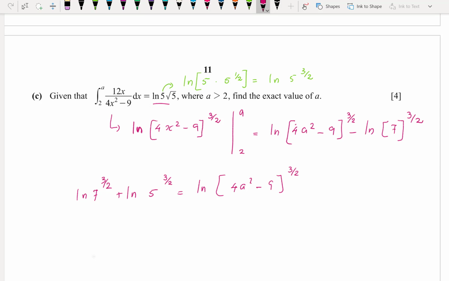So here there are two ln terms together, Amrita, on the left side. So it is essentially ln 7 multiplied by 5 to the power 3 by 2, correct? Yes. Is equal to ln 4a square minus 9 to the power 3 by 2.